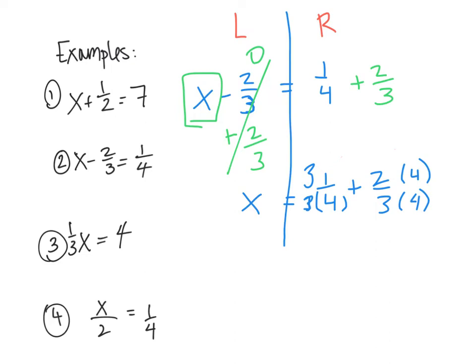So again, this fraction becomes 3 over 12 plus 8 over 12. Again, bring down my equal sign. So x is equal to 11/12. Okay, 11/12ths.